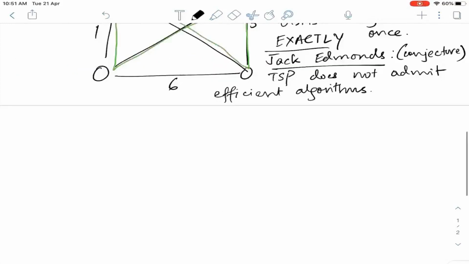So what I mean is, suppose I want to prove formally. Yeah, so efficient algorithms mean polynomial time. That's correct. Yeah, polynomial in the size of the input. Suppose I want to prove that TSP is hard.